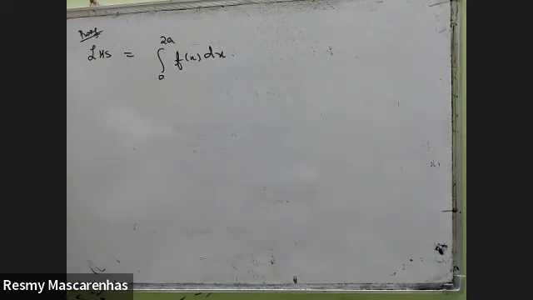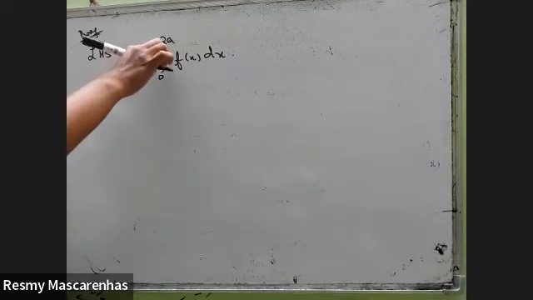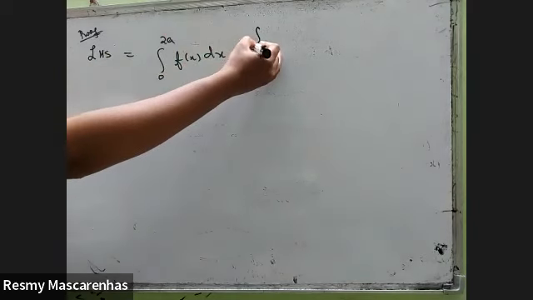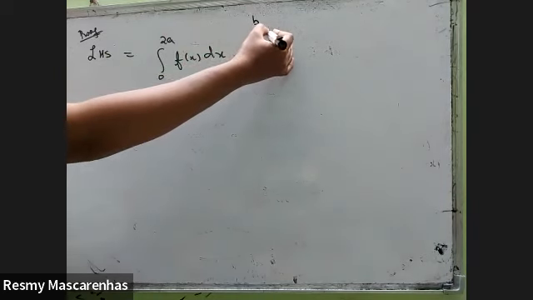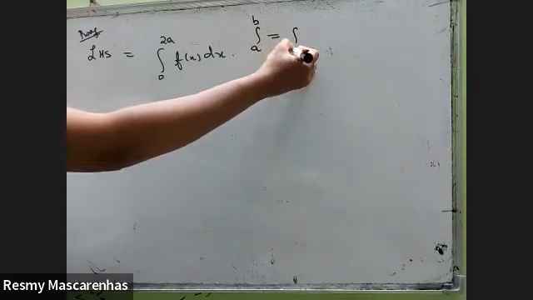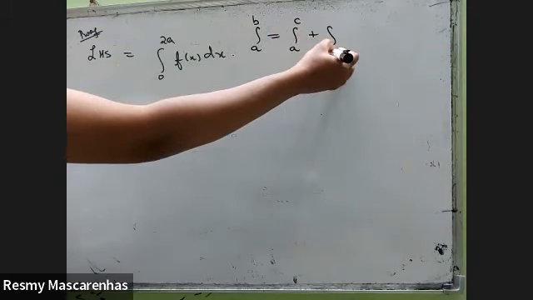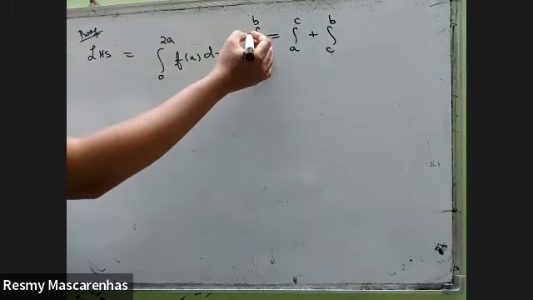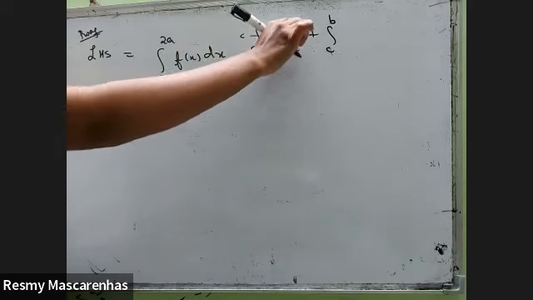As per property number 5, which we had done in the previous class, the last proof which was done, you can always split these intervals into two parts. We had seen that. Suppose a to b we have, then it can be split as a to c plus c to b. Like one term in the middle you can introduce and that you can continue.